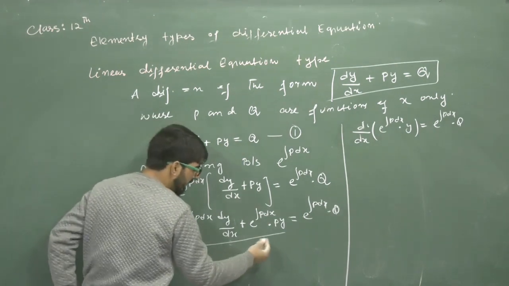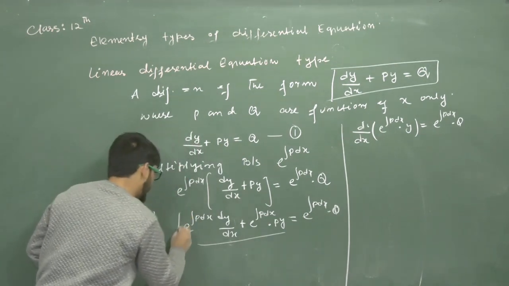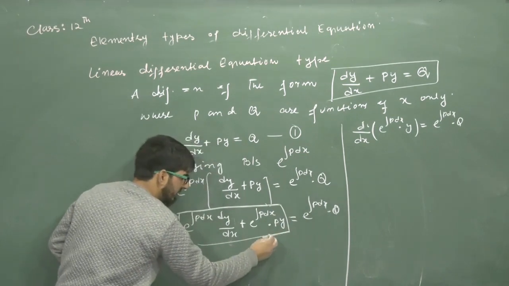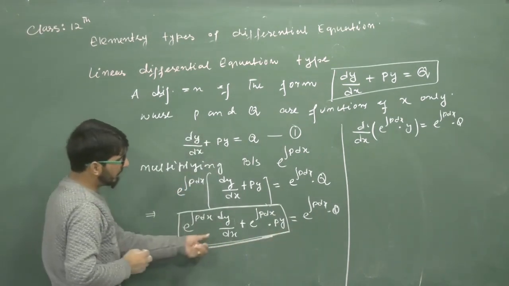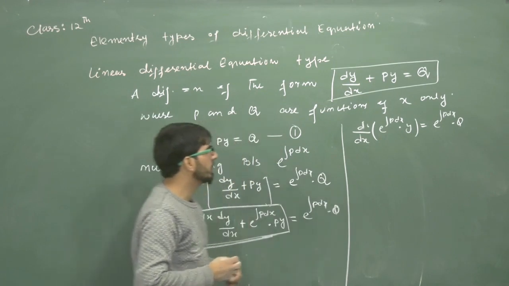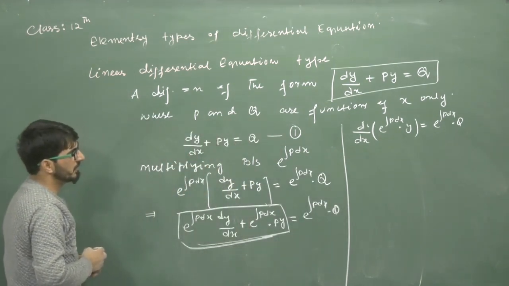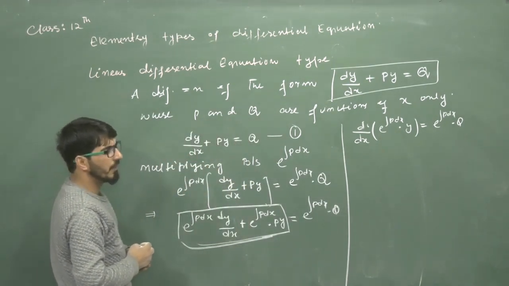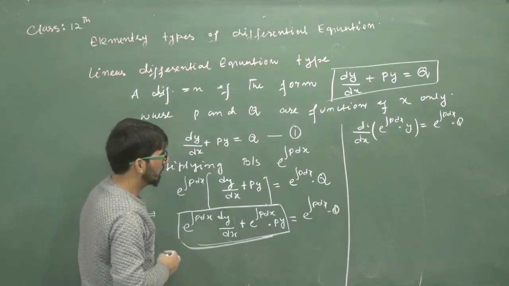So this step is equal to dy by dx into e raised to power integral p dx plus p y e raised to power integral p dx is equal to e raised to power integral of p dx into q.